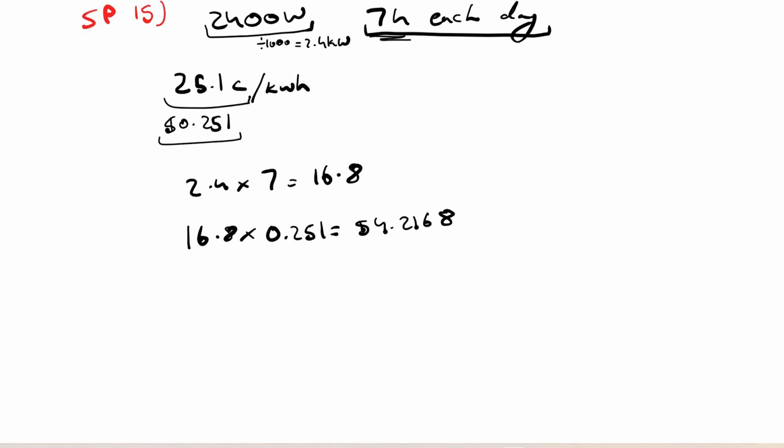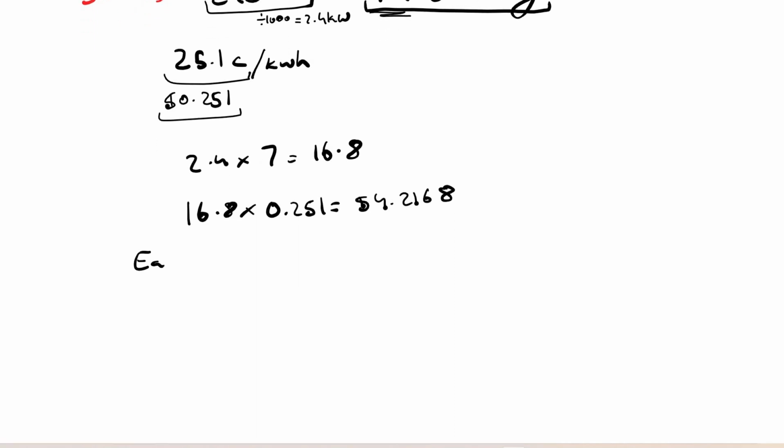So each day, it costs $4.22 because we have to round up. But the question wants the cost for running for 10 days.